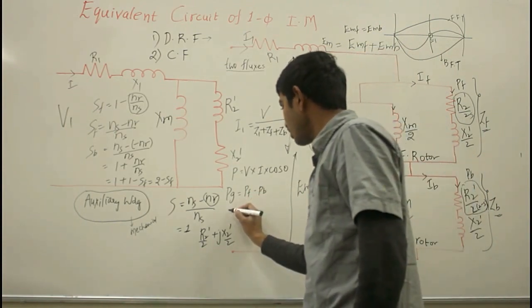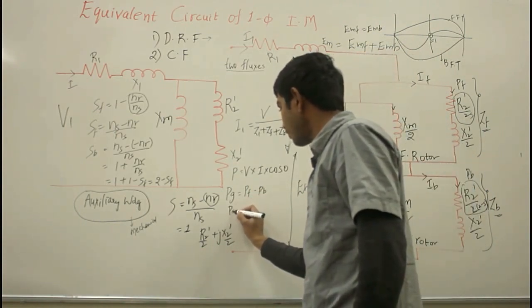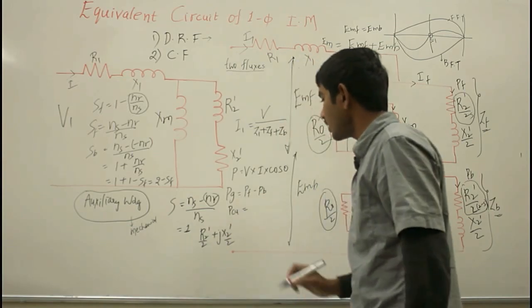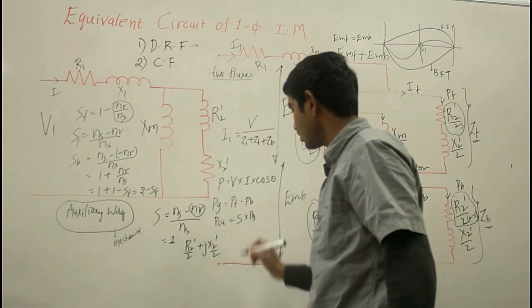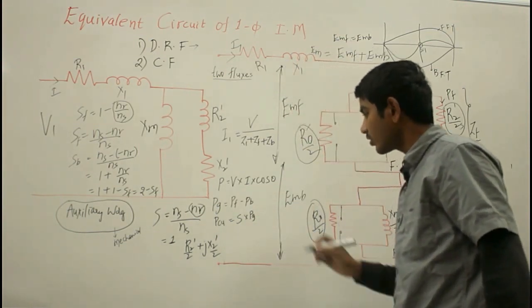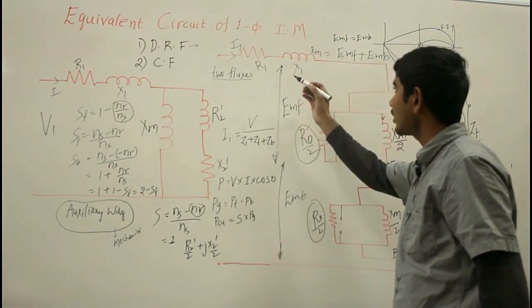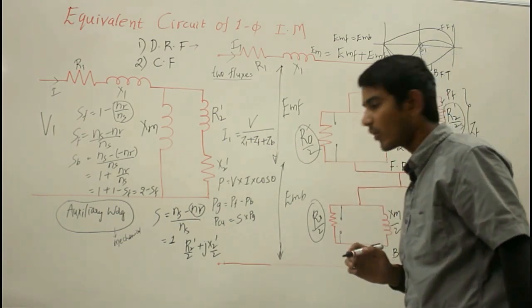Now the copper loss, P copper loss, is given by slip S into PG. This is the copper loss incurred in the stator winding and the rotor winding.